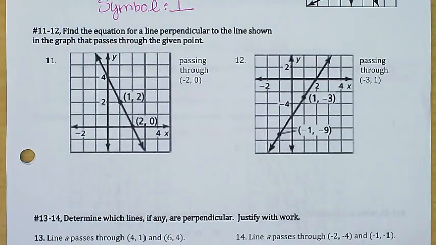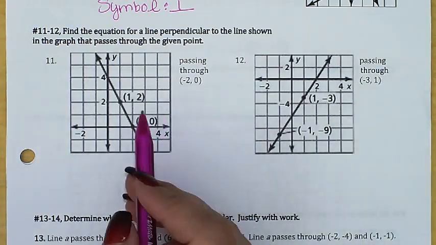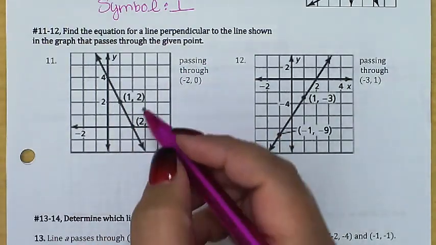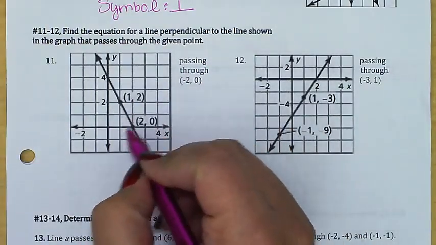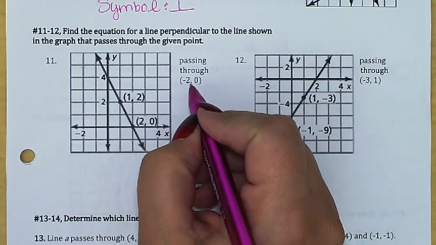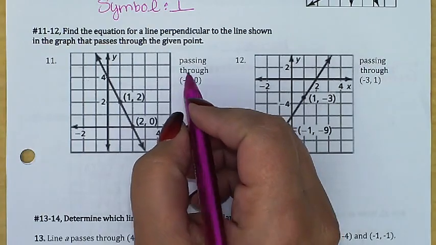Okay, so let's do number 11. It says find the equation for a line perpendicular to the line shown in the graph that passes through the given point. So I have this current line right now. I want to create a new line, kind of like we did on the last couple of problems. I want to create a new line that is perpendicular to this guy but passes through (-2, 0).